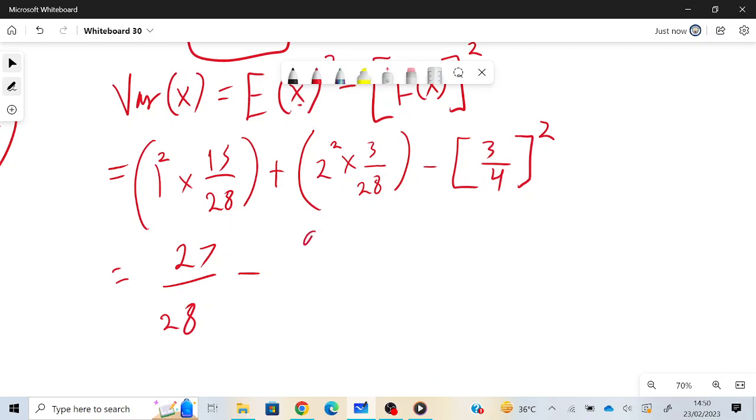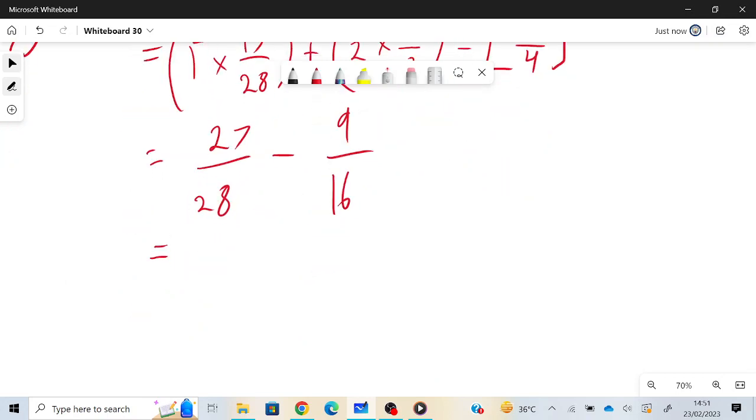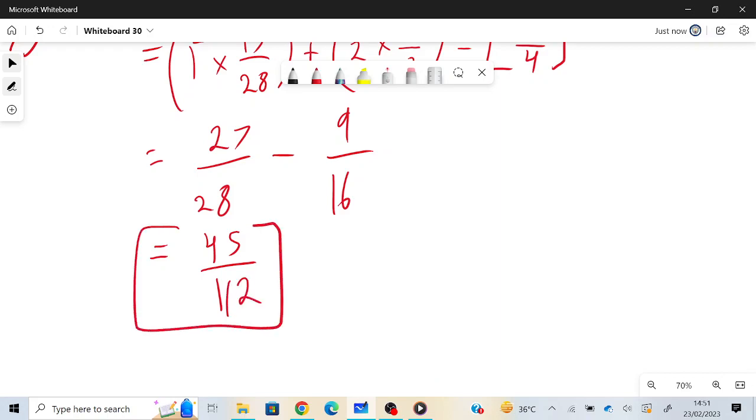That's minus 9 over 16. And this should give me 45 over 112. Let's confirm. Yep. This equals 45 over 112, and that is your Var(X).